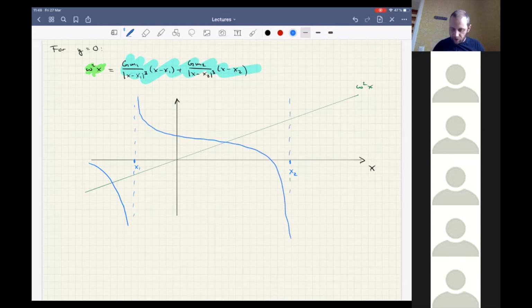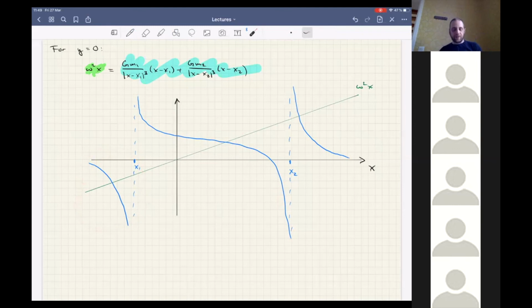The expression must go to plus infinity as I go closer to x1, and minus infinity as I go closer to x2. And then on the right of x2, I have this kind of solution for the same reasons as down here.